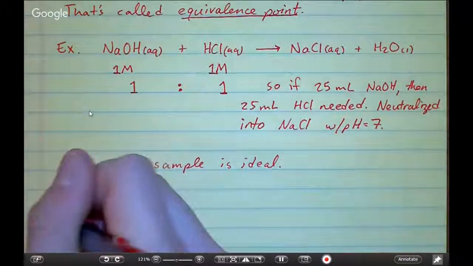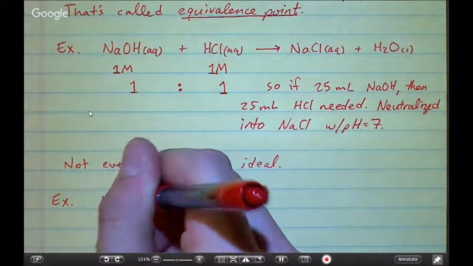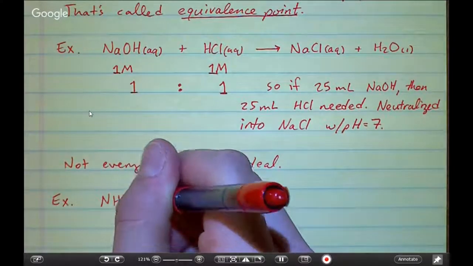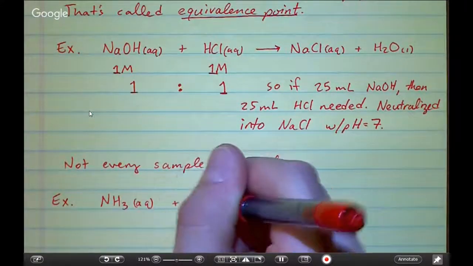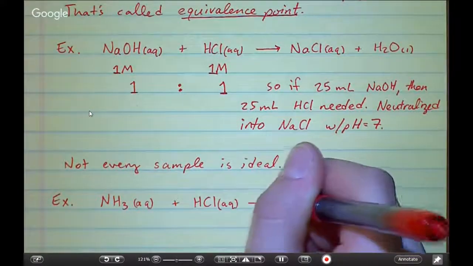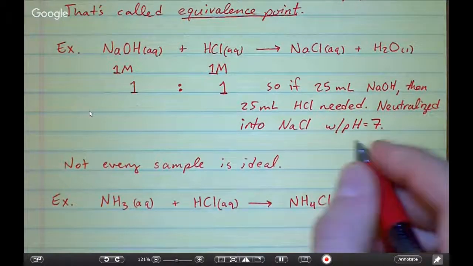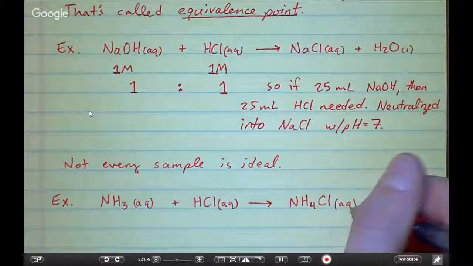Okay. So an example where we have something that's not ideal. Let's take a weak base like ammonia and a strong acid like hydrochloric acid. And the result is going to be ammonium chloride, aqueous, so there's some water around still.